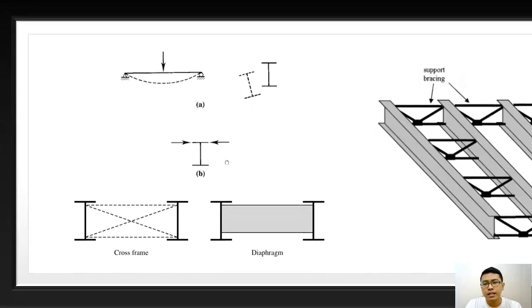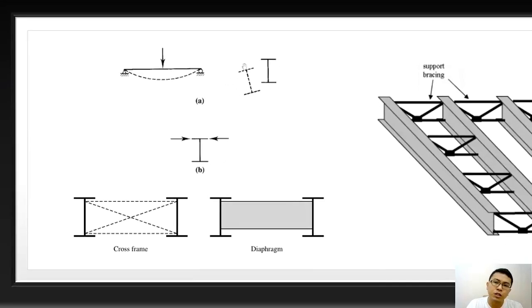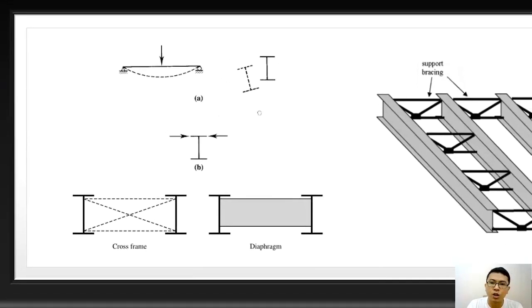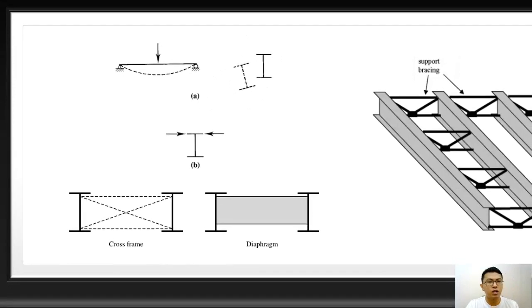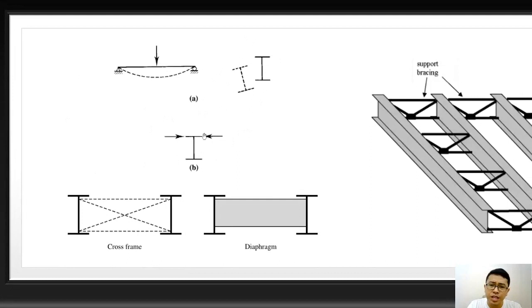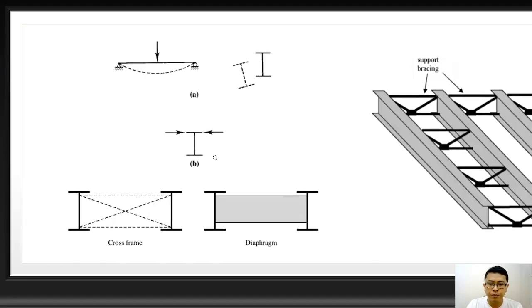Now, to prevent that from happening, or to minimize the weakening effect of lateral torsional bending on our structures, we apply lateral supports. Usually the lateral supports are placed on the compression flange of our beam, so that compression buckling of this compression flange is limited.